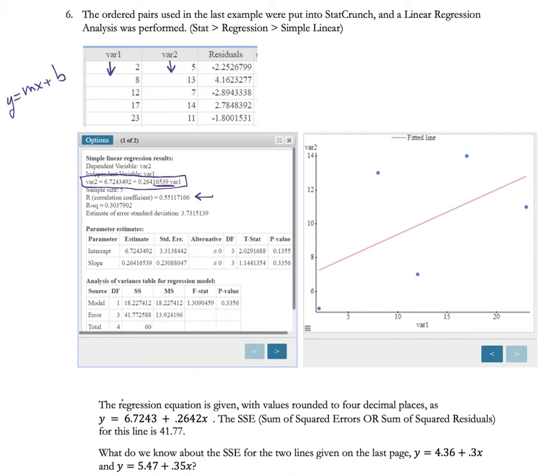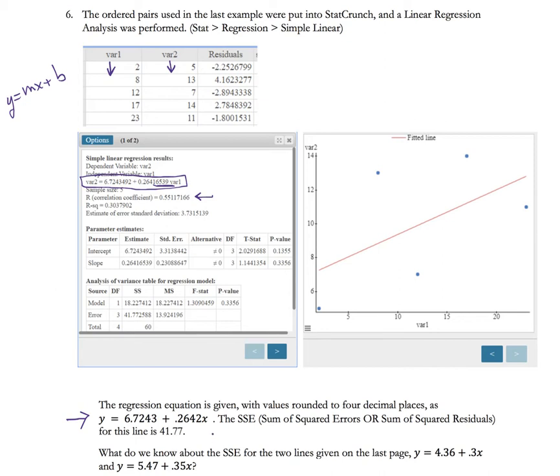I did, however, in this case, since they were just var1 and var2, go ahead and use y and x. So here's the equation of that regression line, rounding my values off to 4 decimal places.